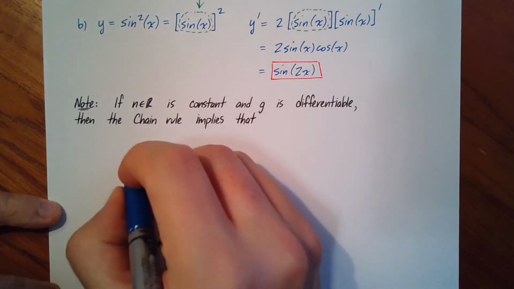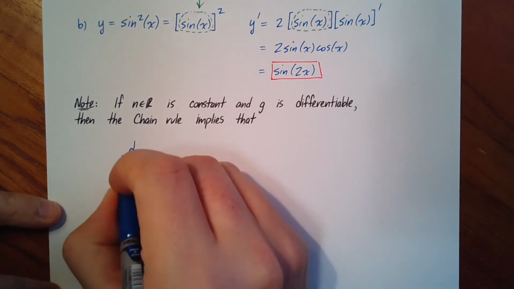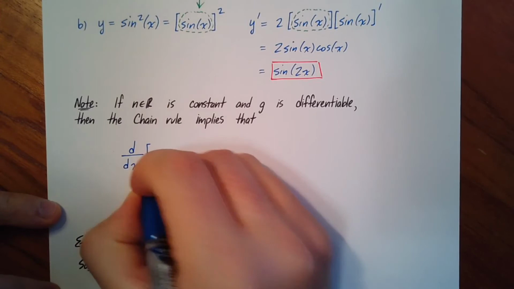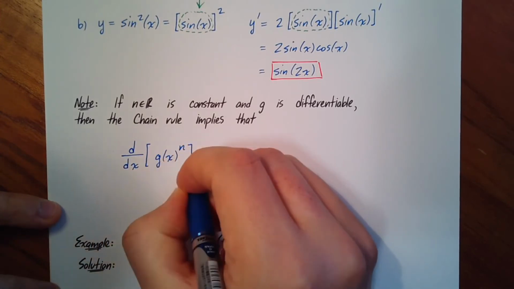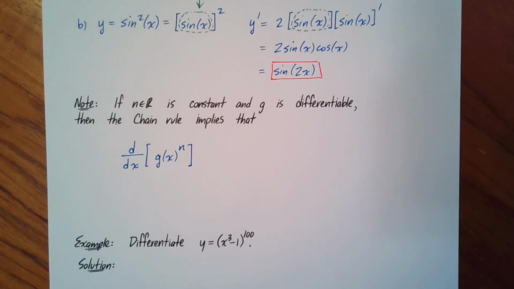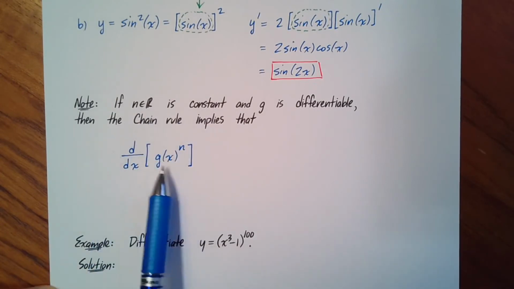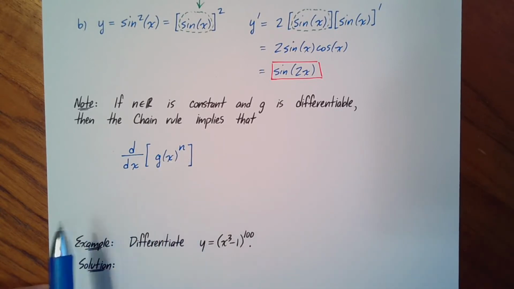If you are encountering the derivative of some power of the function g of x, remember n is some constant, and g of x is a differentiable function, so we've got g of x raised to the power of n, and we want to take the derivative of that function with respect to x.